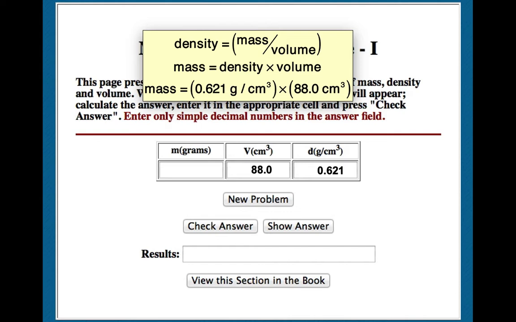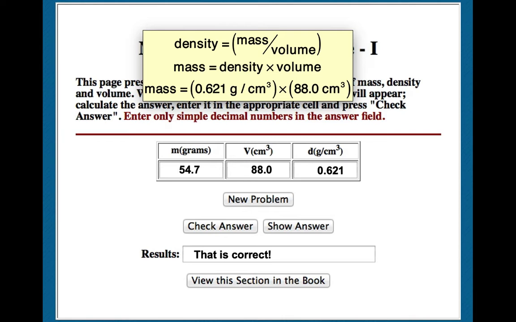Feed it to your calculator, it spits out 54.7. That is density 1. Everybody loves it. On exam 1, it is not unusual for me to go to this tutorial, make a quick new problem, take the numbers, and stick them straight on the exam. Make sure you understand this.